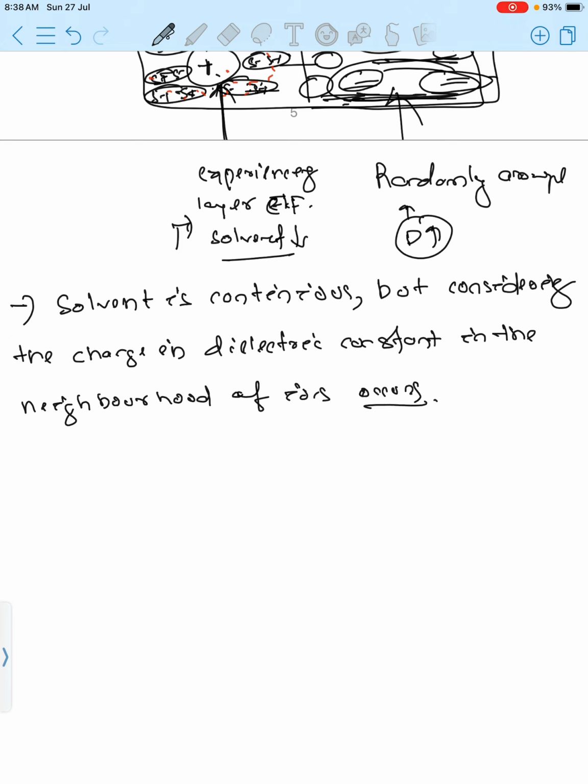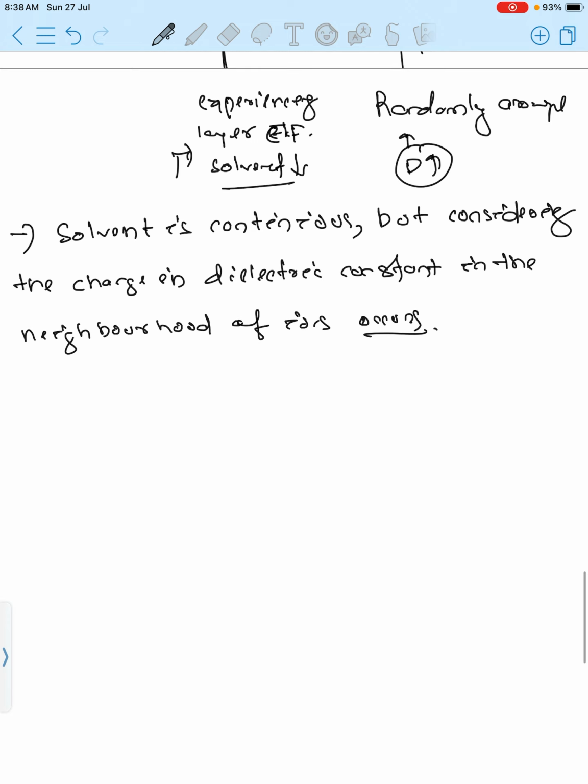Why? The solvent molecules nearer to the ions will be more solvated and they will be oriented in a particular direction, and the dielectric constant will be smaller. But the solvent molecules far away from the ion will experience lesser electric field, will randomly arrange themselves, and the dielectric constant will be larger.